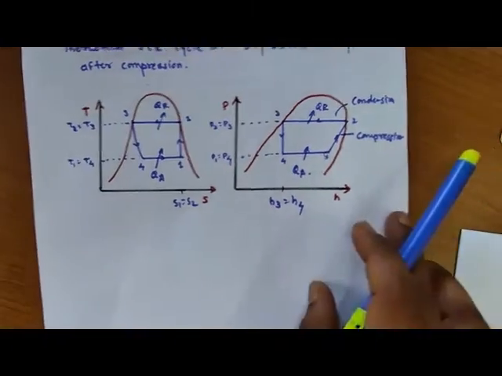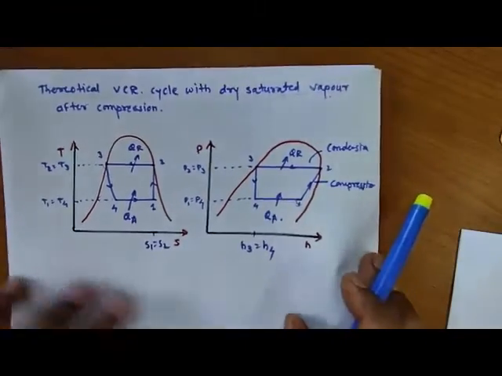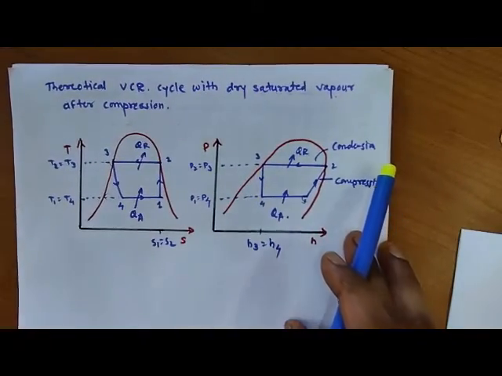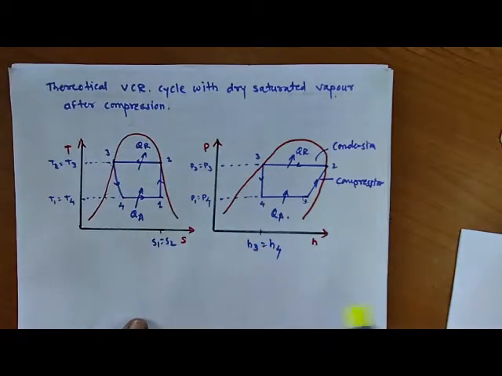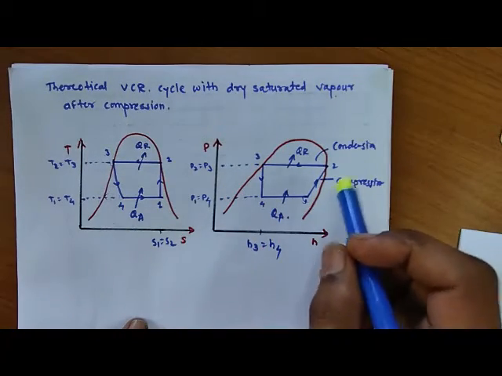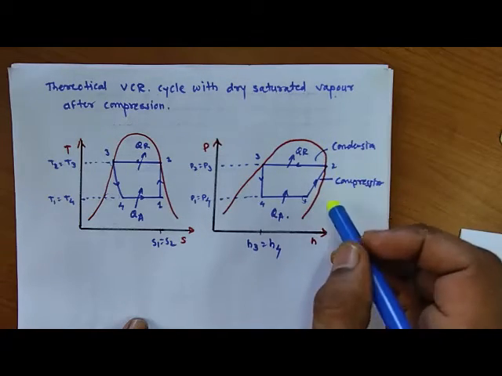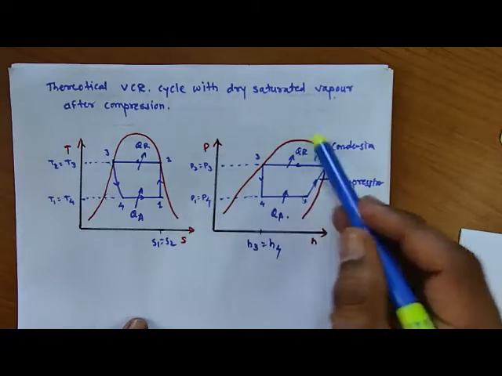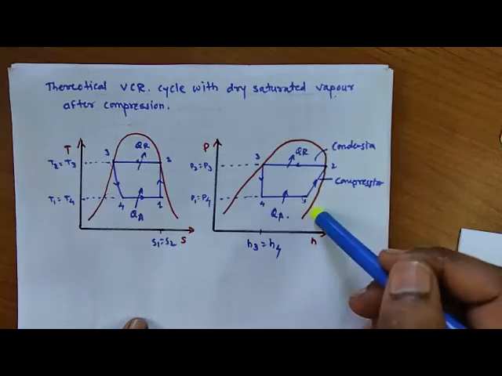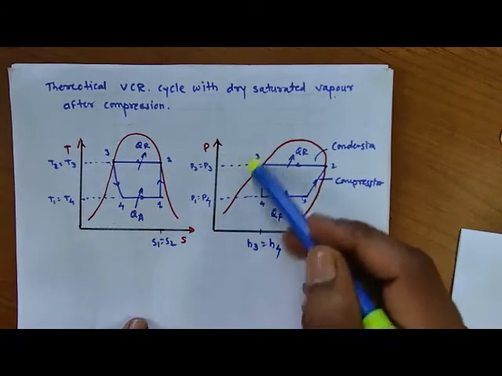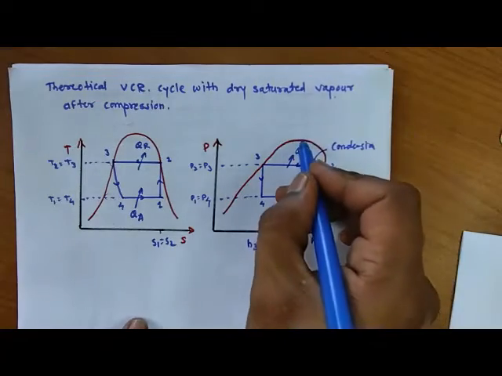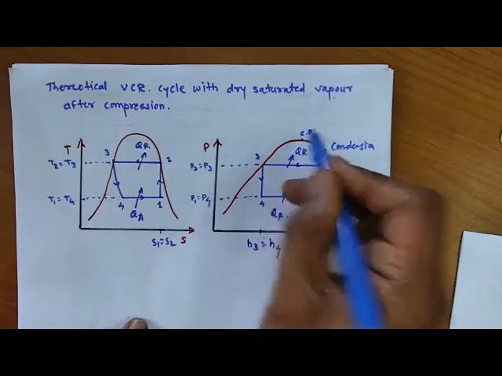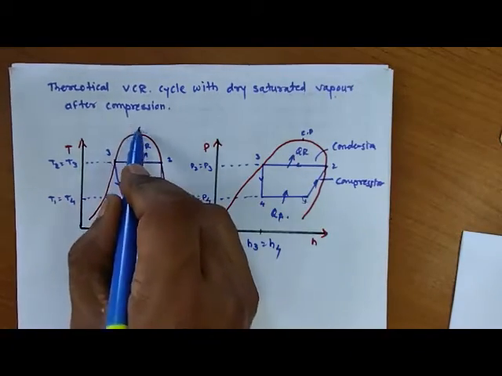Here our system has dry saturated vapor after compression. That means point number 2 is on the saturated gas line. If you see here, these are the saturation curve lines. At the top we have the critical point, and here also a critical point.